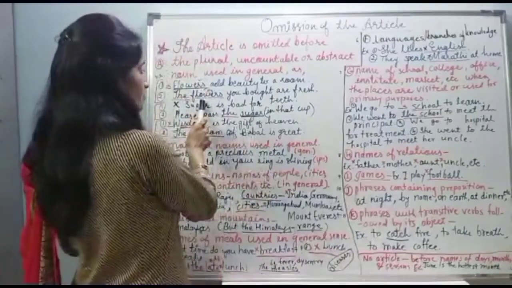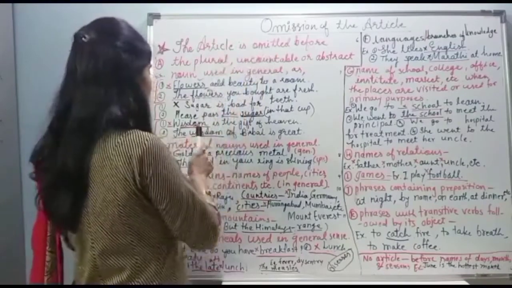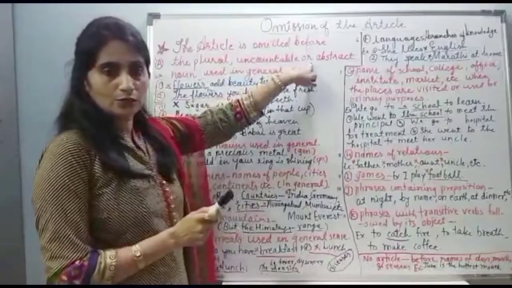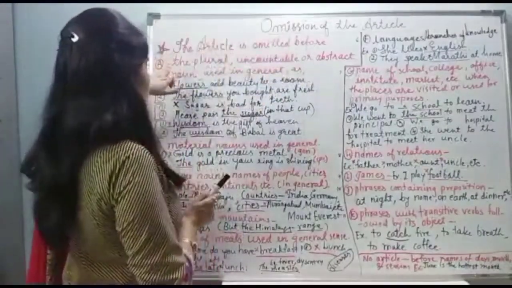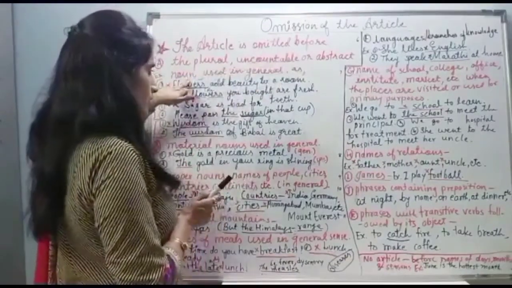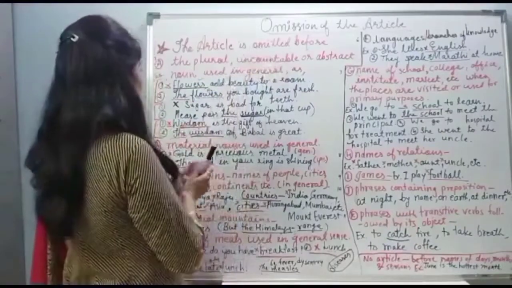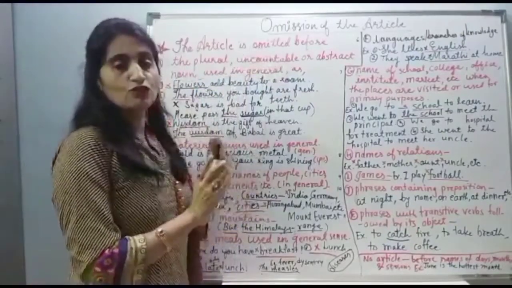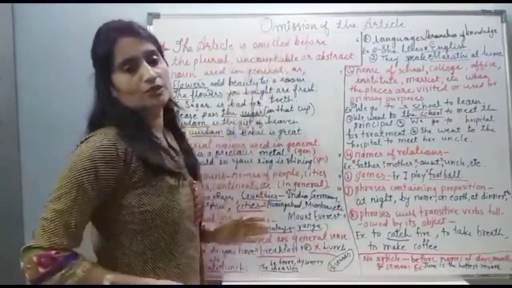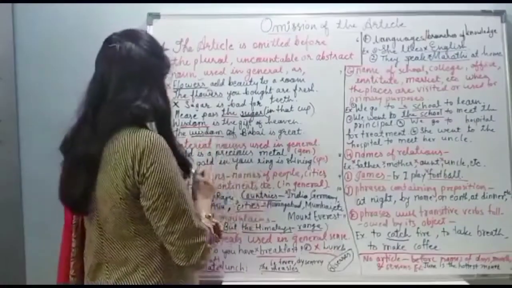Here flowers, plural noun, then sugar, uncountable noun, and this term abstract noun. So is this first rule clear to you? Before the plural, uncountable or abstract noun used in general, we should not make use of any article. Article is omitted before these nouns.